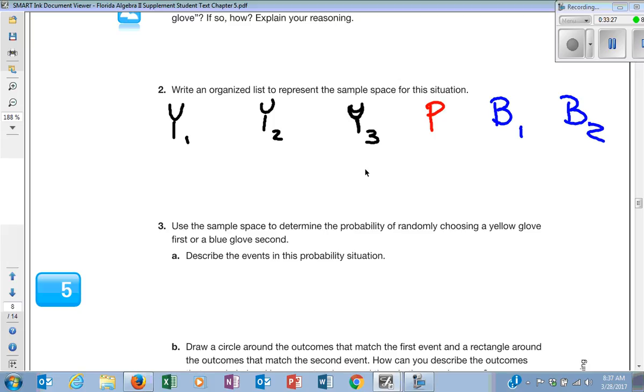Now, when I choose yellow first, I choose my yellow one first. What else could I choose with it? I could choose yellow 2, right? I could choose yellow 3 with it, yes?